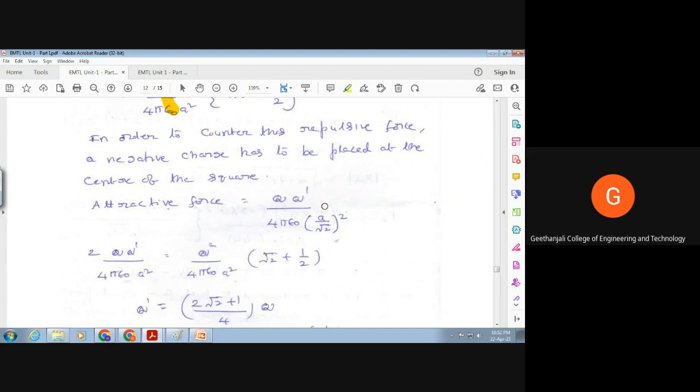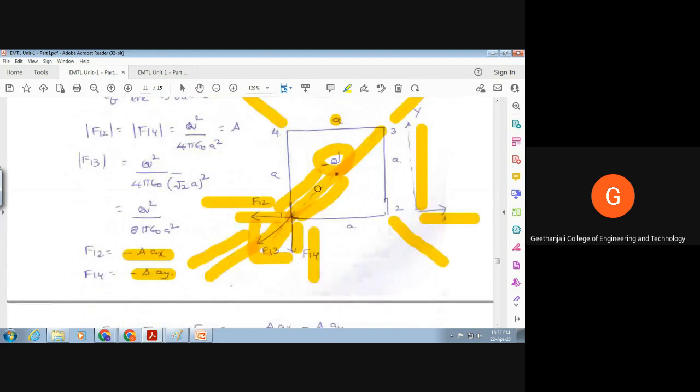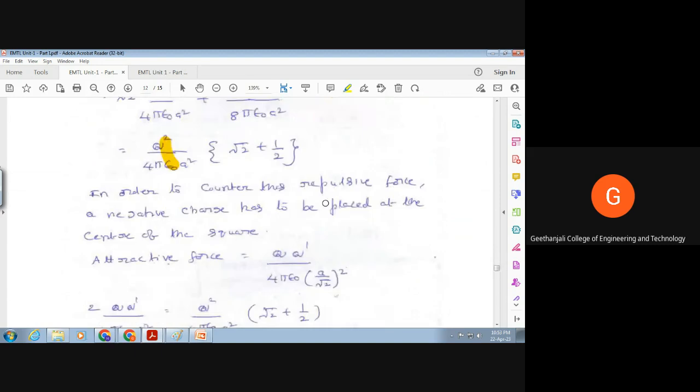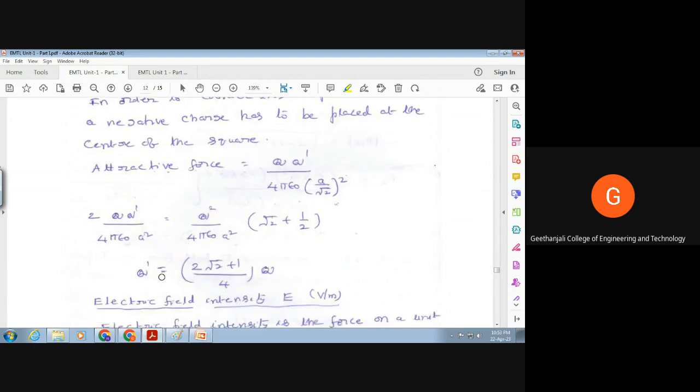So the attractive force is equal to q into q dash by 4 pi epsilon naught, and the distance is a by root 2, whole square. Equating these two forces, attractive force equal to repulsive force, ultimately you get q dash as 2 into root 2 plus 1 by 4 into q. That means 0.957 times q.